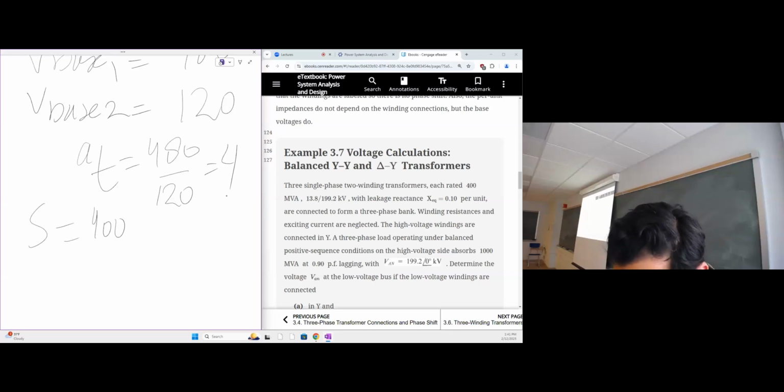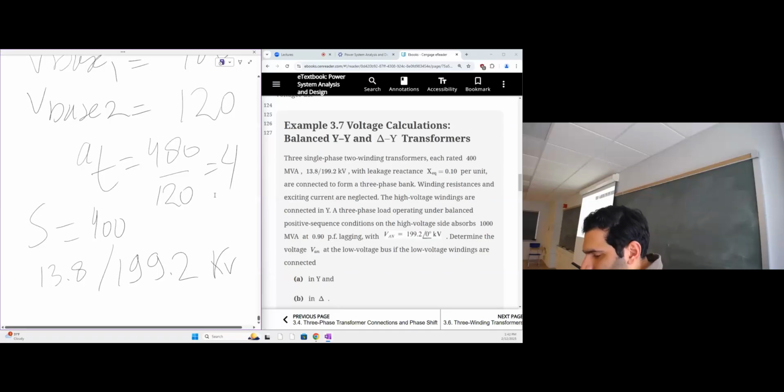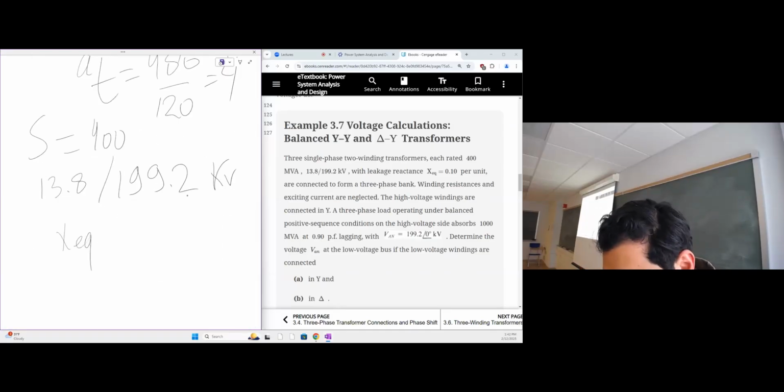This is the ratio of the primary to the secondary side, with a leakage reactance of 0.1. What does 0.1 represent?